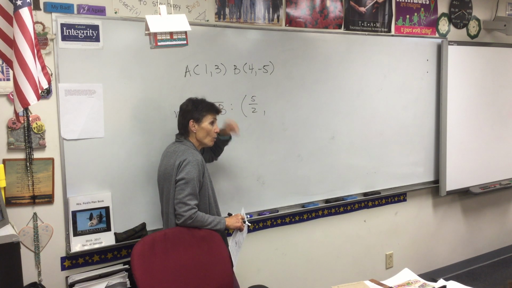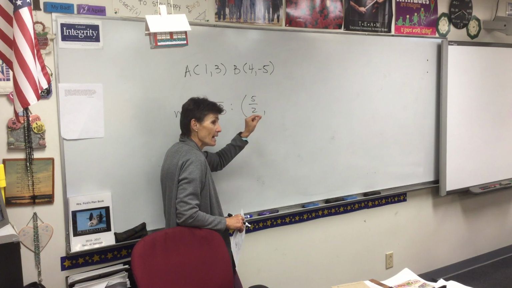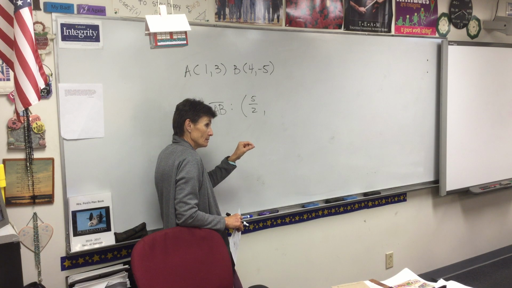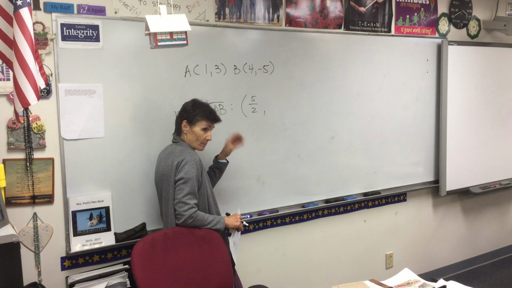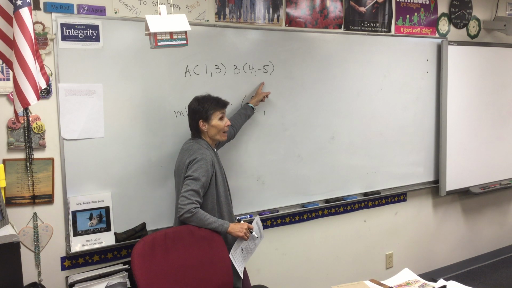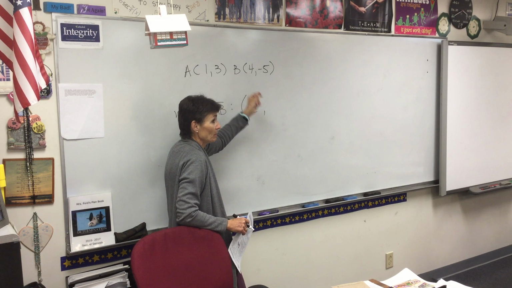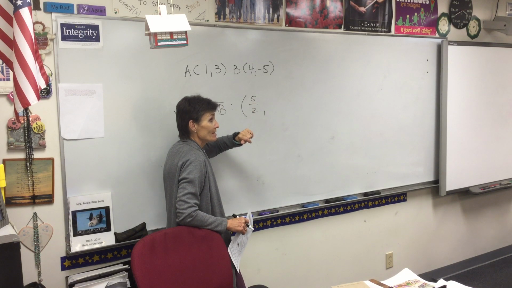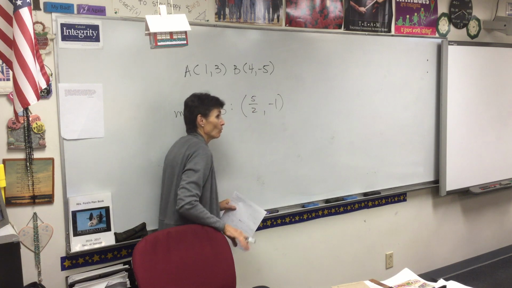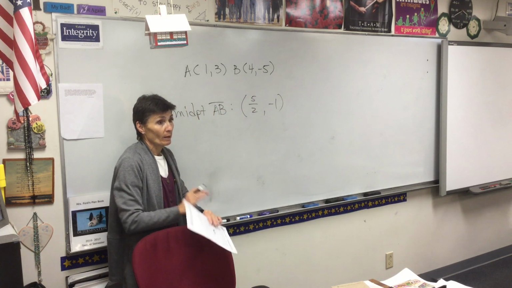So if you don't know how to find midpoint, write it down so when you study, you'll get it. Y's: 3 plus negative 5 is negative 2, divided by 2 is negative 1. There is my midpoint.